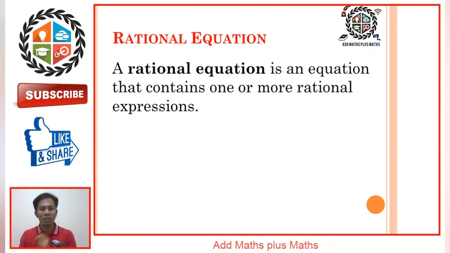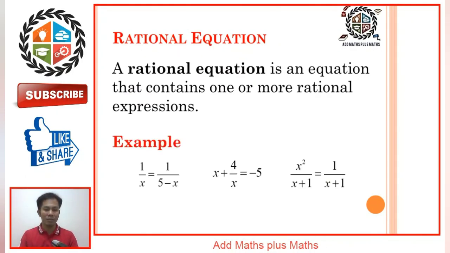And those two expressions need to be rational expressions. Okay. Example, 1 over x is equal to 1 over 5 minus x. Rational expression yung 1 over x. Rational expression din yung 1 over 5 minus x. That's why, okay, since they are equated to one another, then you call this one a rational equation.